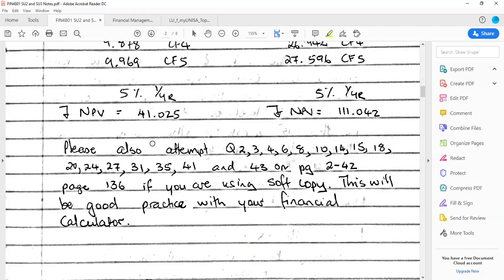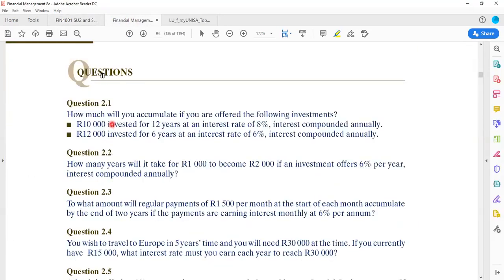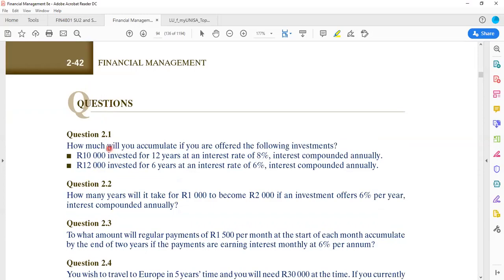So what you can also do, just to help you understanding on those concepts, you can also attempt question 2, 3, 4, 6, 8, 10, 14, 15, 18, 20, 24, 27, 31, 35, and 41, and 43 under these questions. These questions are good practice.